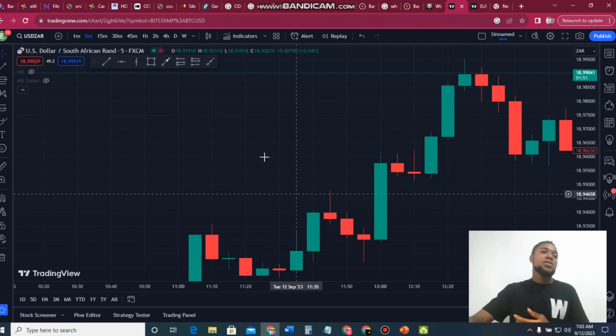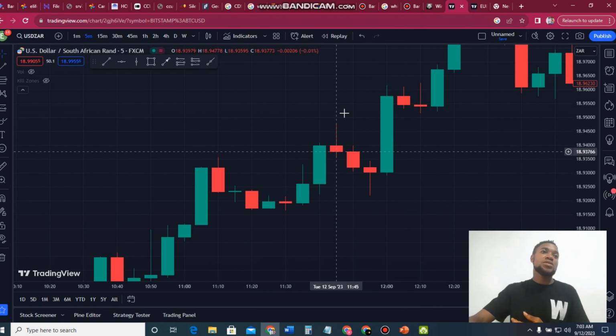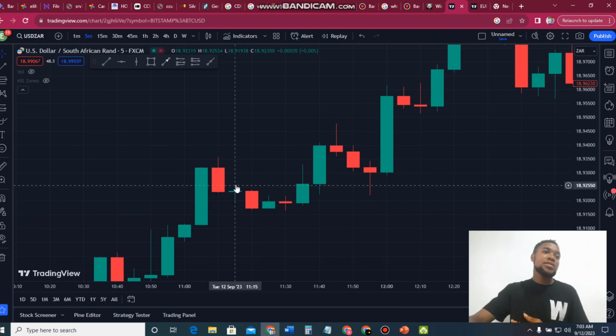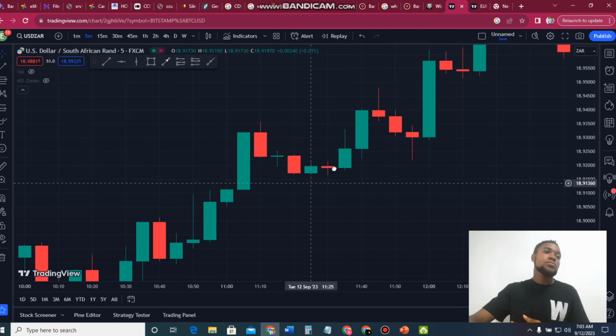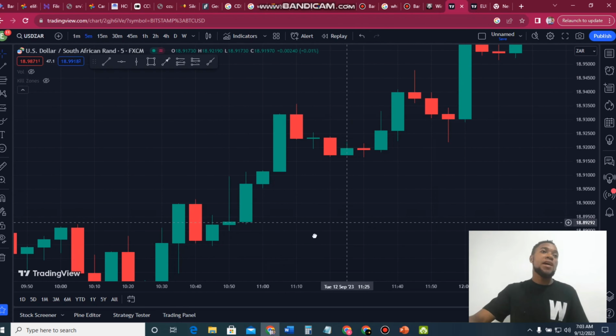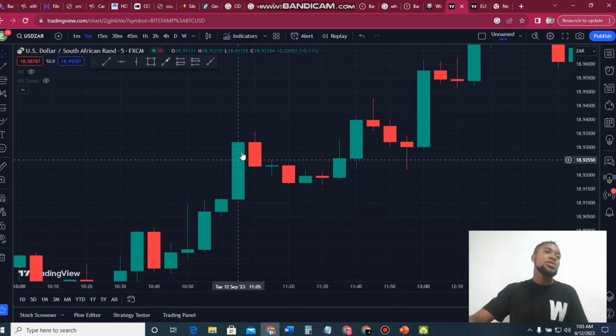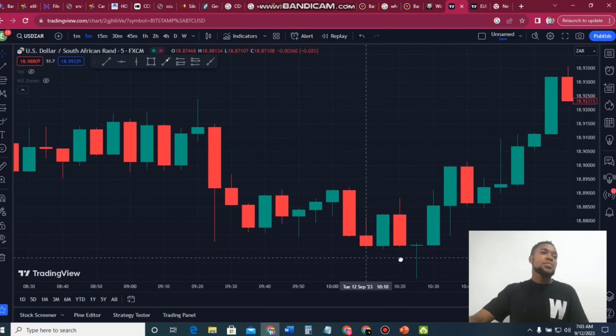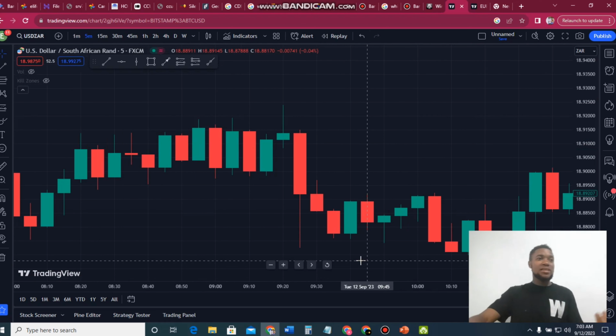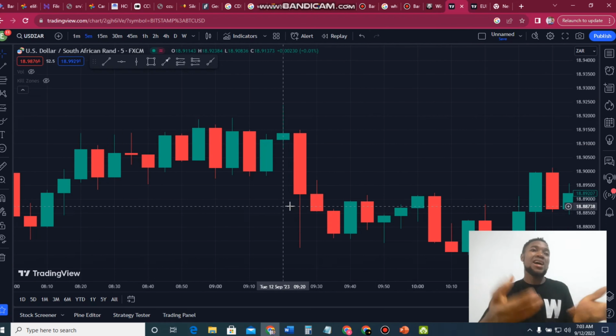Looking at the chart, it's very important to understand the structure. Just looking at it, we have a gravestone. Here we have a doji. Here we have a marubozu, a bullish marubozu candlestick, and we have a couple of them. Looking at this chart, it is very important.